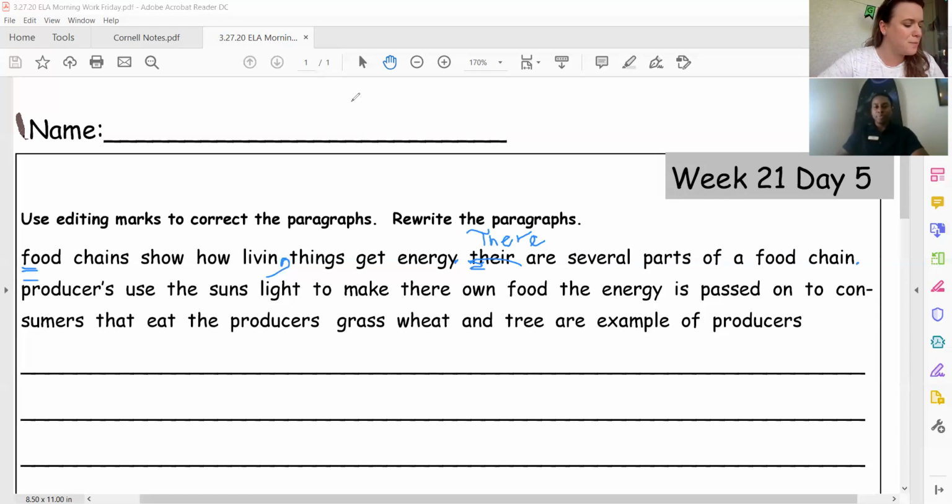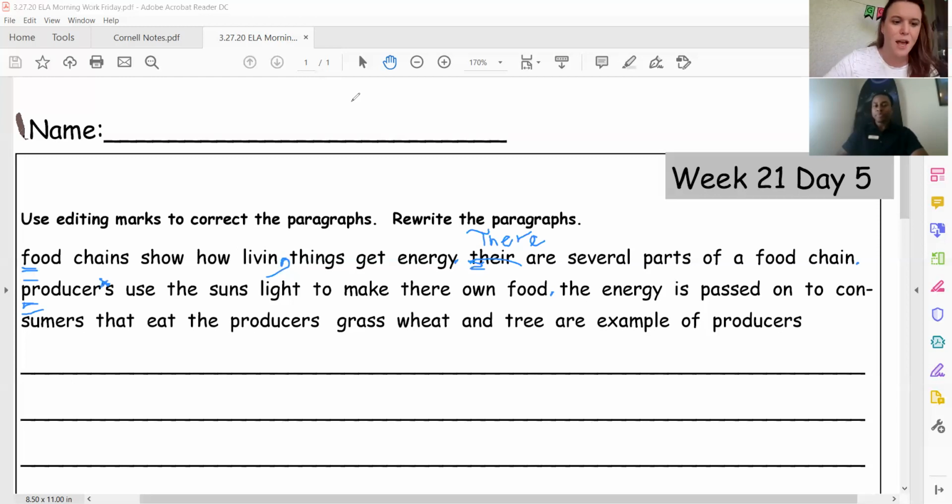And the next one says, producers use the sun's light to make their own food. Producers needs to be capitalized, and we need to have that period at the end. However, producers is not a possessive, Mr. B. The producers don't own anything. They do something, they use something, so there doesn't need to be an apostrophe there.